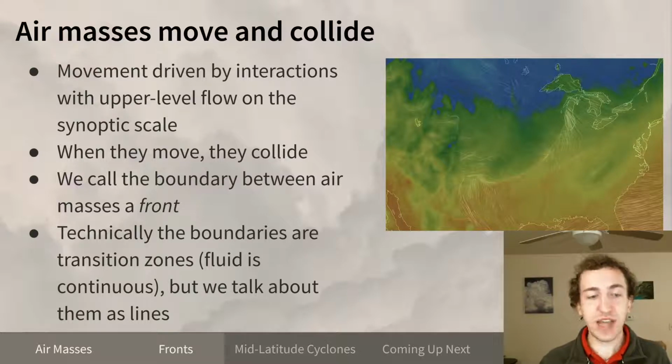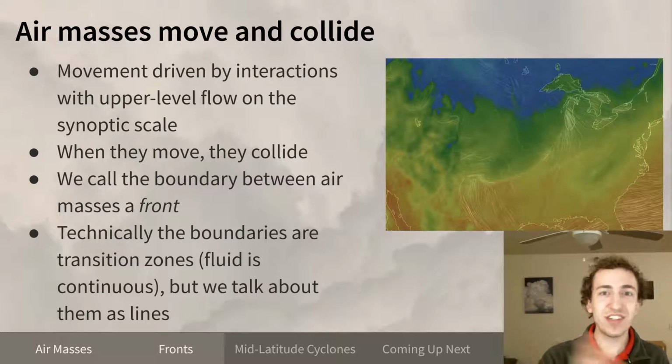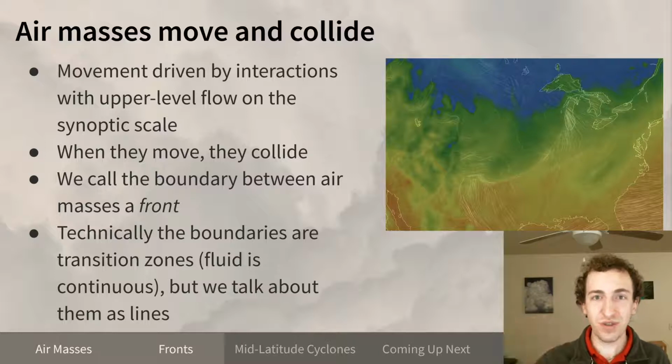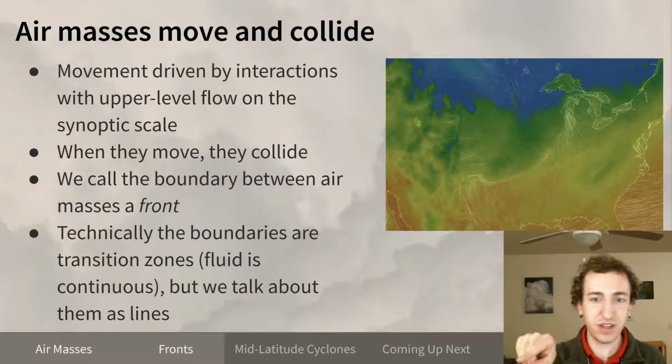And just one technical note or conceptual understanding type of thing here is that these boundaries are not sharp walls. They're actually transition zones because in the atmosphere, it's a continuous fluid. We don't have complete drop-offs in variables where it's just a completely sharp transition between two different values.